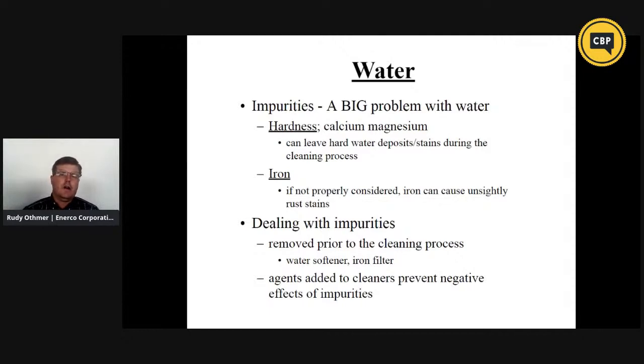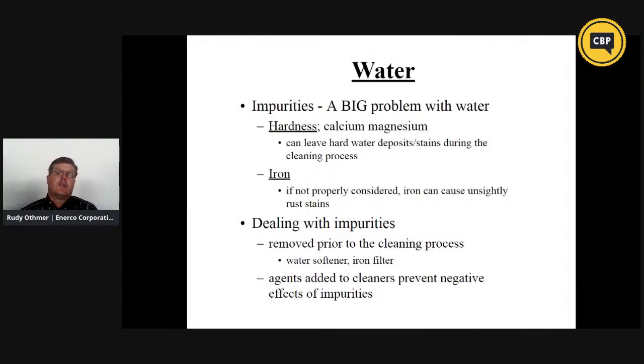Water's got one other characteristic that is both good and bad, we'll get to in a minute. But in terms of the most serious impurities that we typically encounter is hardness, our calcium and magnesium that's dissolved in the water. It leaves the white staining, it leaves the hard water deposits.